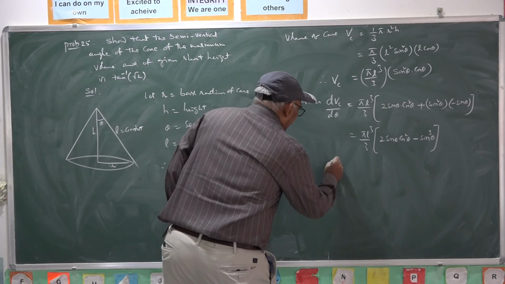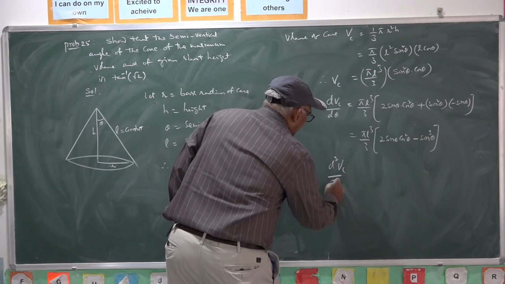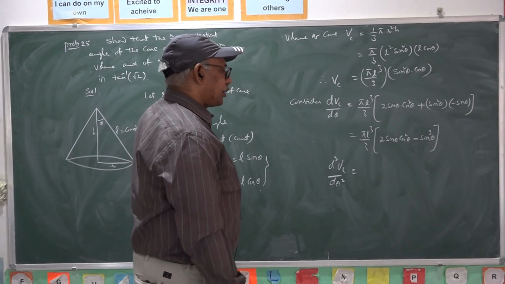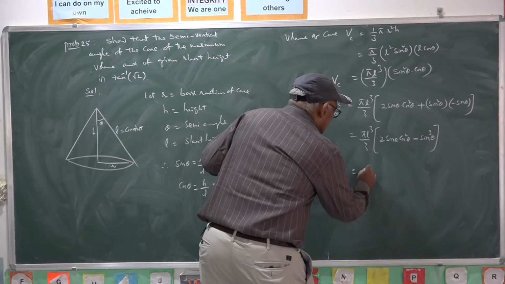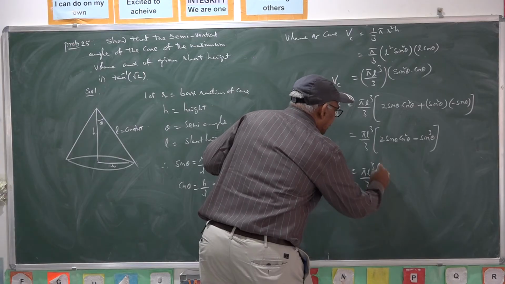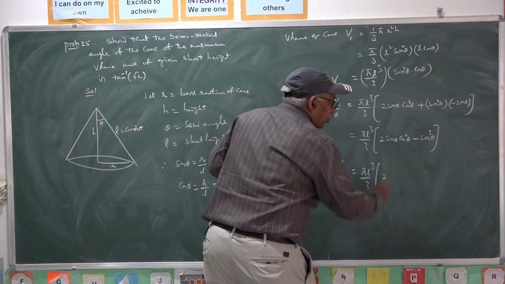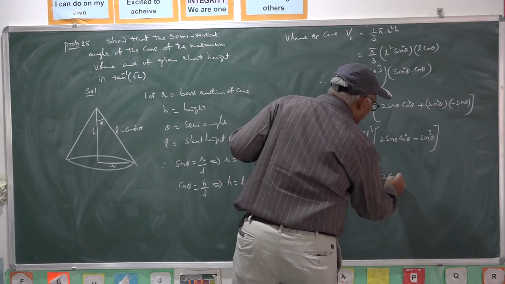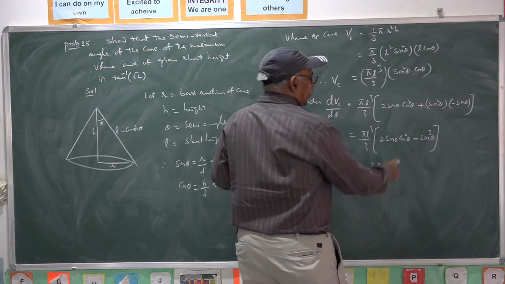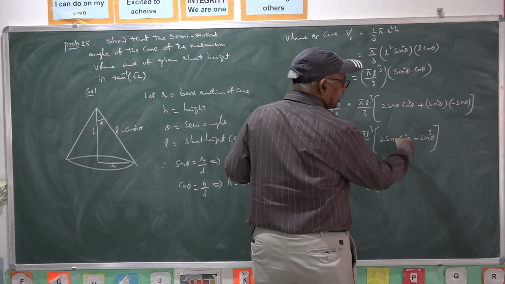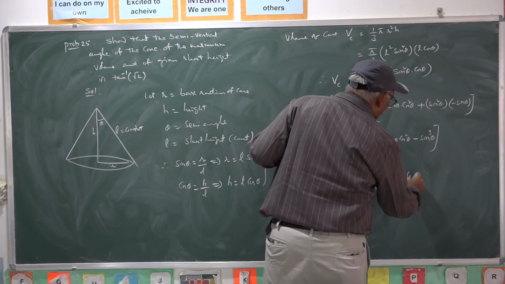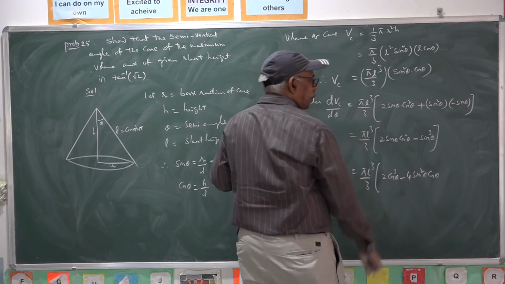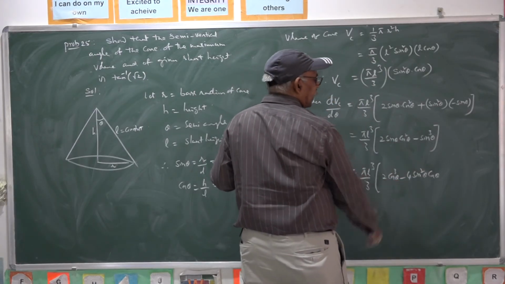Again, d square V by d theta square is pi L cube by 3 into, again taking the product rule, for sin theta cos square theta derivative, we get 2 cos cube theta, and for cos square theta, 2 cos theta into minus sin theta. So minus 4 sin square theta cos theta, I am just applying the product rule to this one.